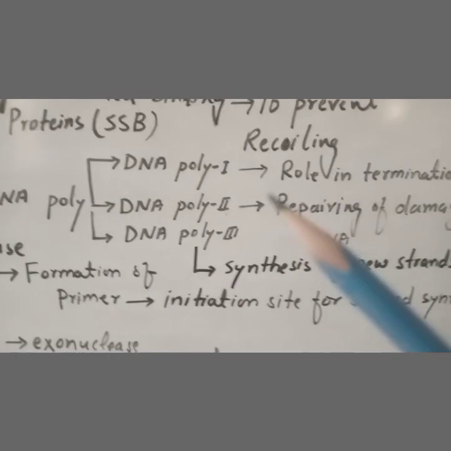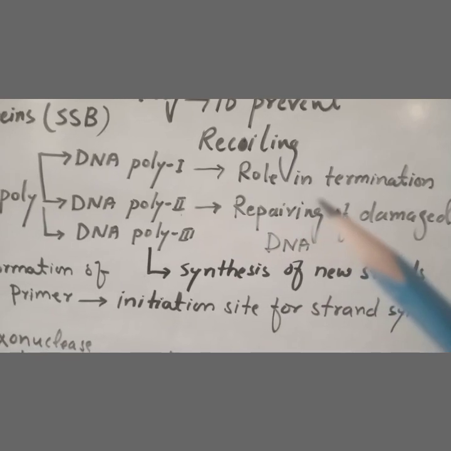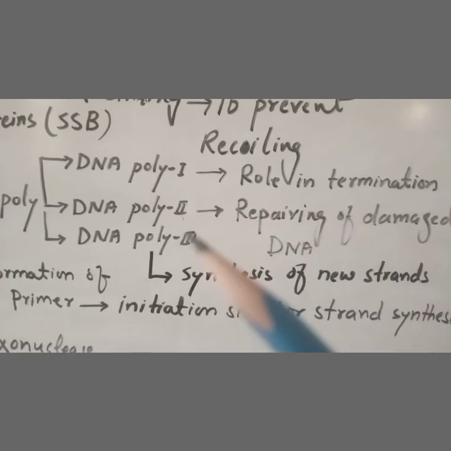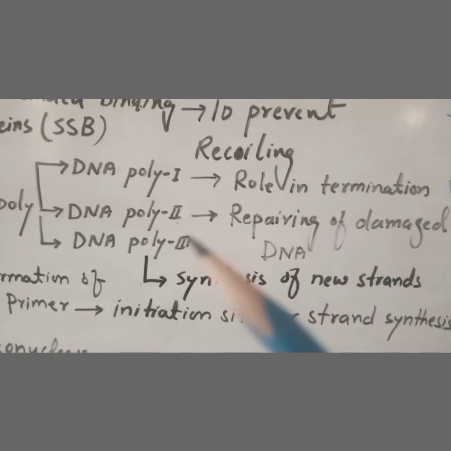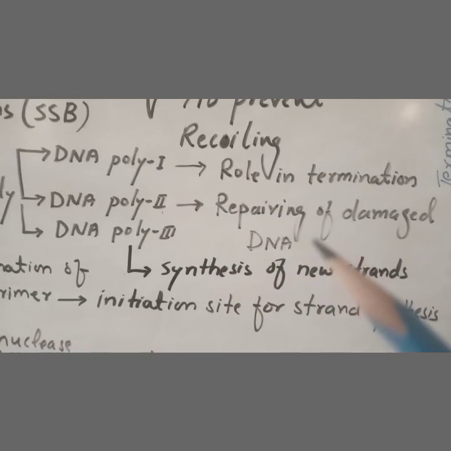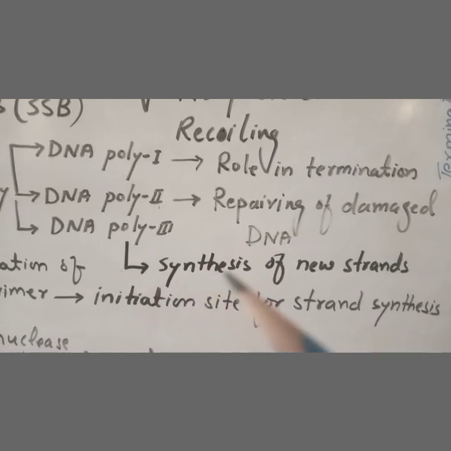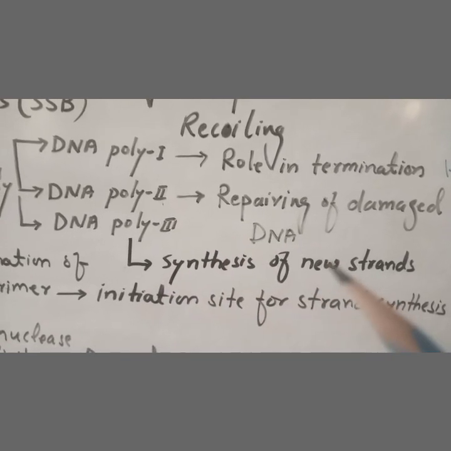Their functions are: DNA polymerase 1 has a role in termination, DNA polymerase 2 takes part in the repair of damaged DNA, while DNA polymerase 3 is involved in the synthesis of new strands.